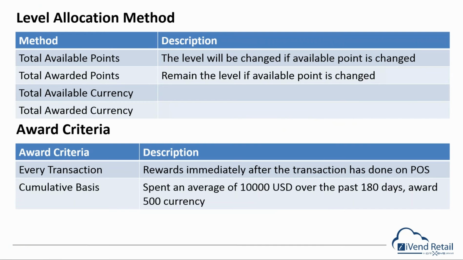The first one we have over here is total available points, where the level will be changed as the available points are changed. Total awarded points means that the system will look at the total awarded points over time and change the levels as necessary. We also have the same for currency, total available currency and total awarded currency.